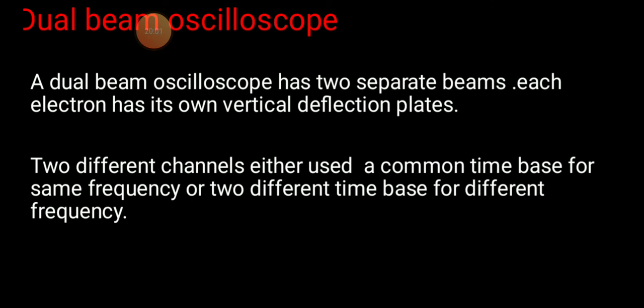Two signals may or may not have the same frequency in dual trace CRO. In dual beam, two signals must have the same frequency. Dual trace CRO cost is less. Dual beam CRO cost is high. A single beam can be used for displaying multiple traces in dual trace CRO. In dual beam CRO, multiple beams are used for displaying multiple traces.